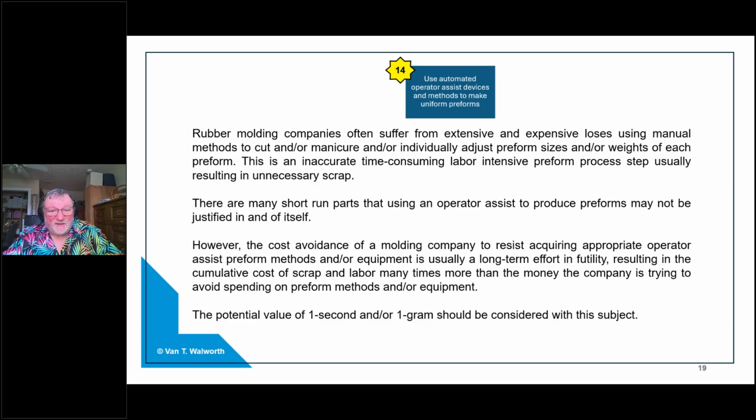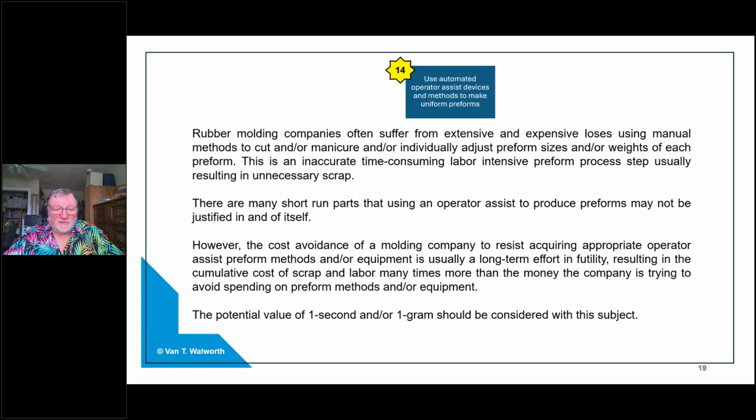If you only have one cavity, okay, you don't need to do it. If you only have two cavities, chances are you can deal with that. But as soon as you have more, there's often a problem. Obviously there are more and more expensive and more elaborate ways to do something, but trying to find creative operator assist methods to bring about consistency of the loading of the materials into the mold does reduce waste.